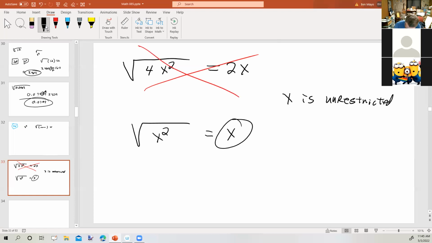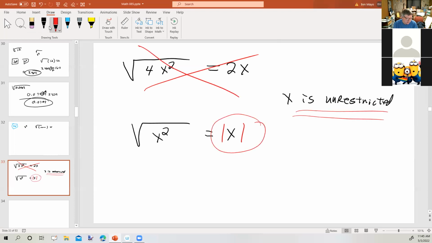So what we have to do here is put absolute value bars around x, the answer. That way, regardless of what x is, it's not going to be a negative number because we're taking its absolute value. Okay. That's going to be a little hard to swallow, but you'll get there.